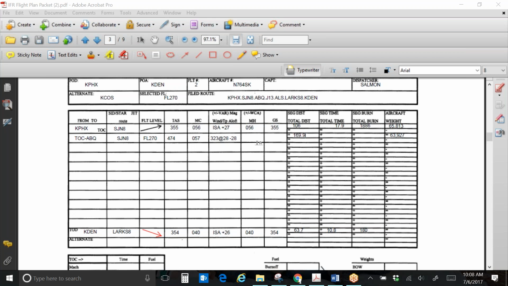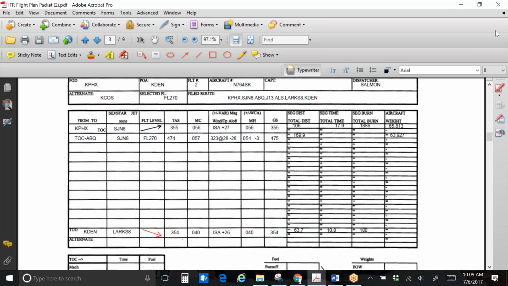Actually, it doesn't change anything. Everything stays the same. It's still a 1 knot tailwind and still a -3 on the wind correction angle. So heading 054, and it was a -3, and it's basically saying that our ground speed is 475.